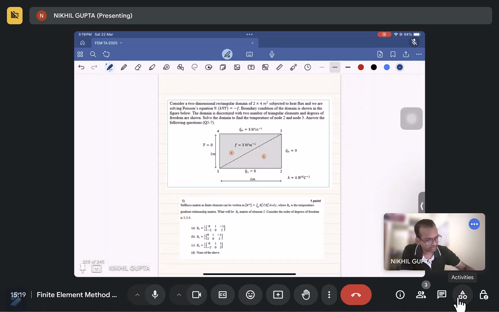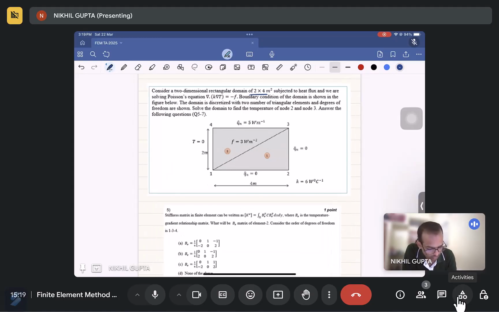So let's start with question number 5 now. Okay, so consider a two-dimensional rectangular domain 2 cross 4 meter square subjected to heat flux, and we are solving Poisson's equation. Boundary condition of the domain is shown in the figure below.